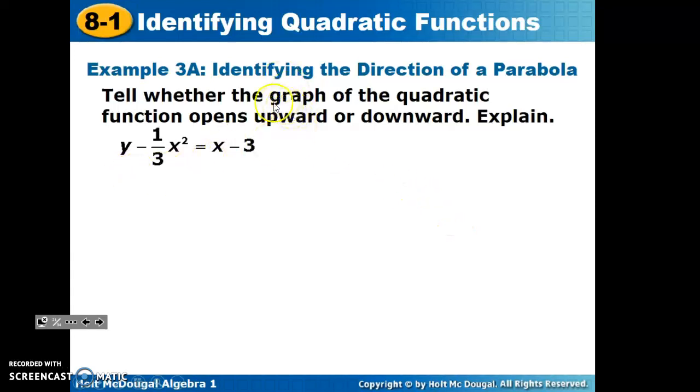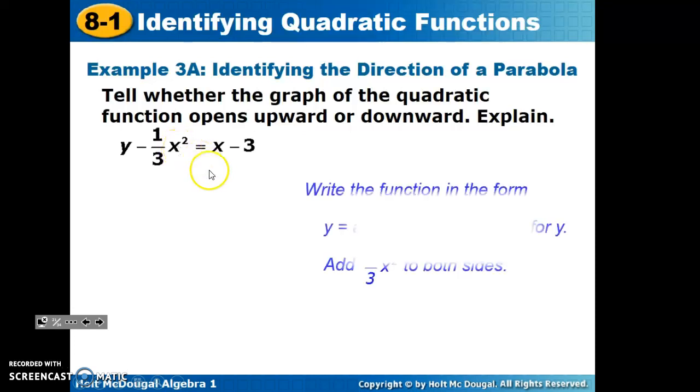It says tell whether the graph of this quadratic function opens upward or downward, and explain your reasoning. Well, we're going to take a look at this. I see a negative 1/3 in front of x squared. However, we don't have it in standard form yet. It must be in standard form in order to use that leading coefficient to determine up or down.